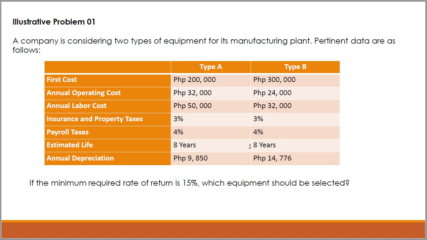So sir, paano kapag yung isa, for example, yung type B ay mas mahaba ang estimated life niya, like for example, 10 years, no? So we have several methods to deal with that. So magkaiba yung service life or estimated life ng dalawang equipment or machine. So maybe you can choose, although we will discuss later on how to deal with this type of problem.